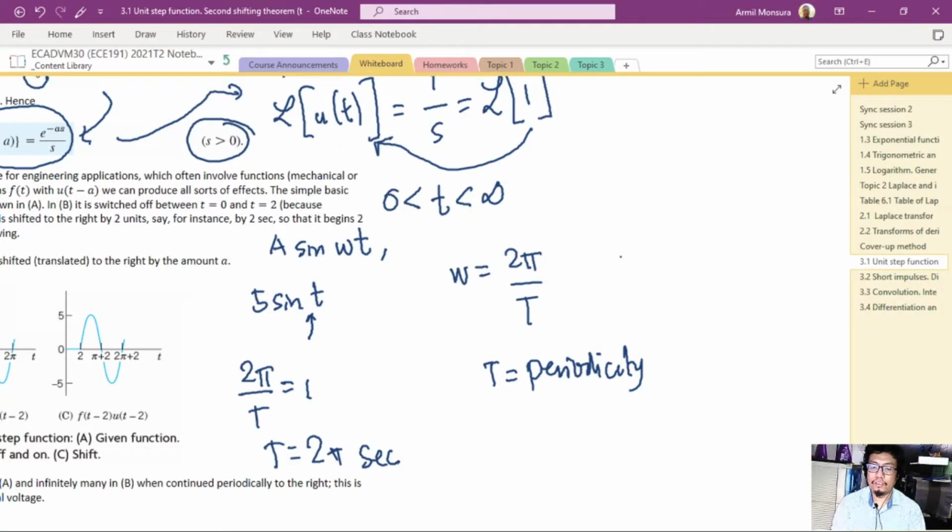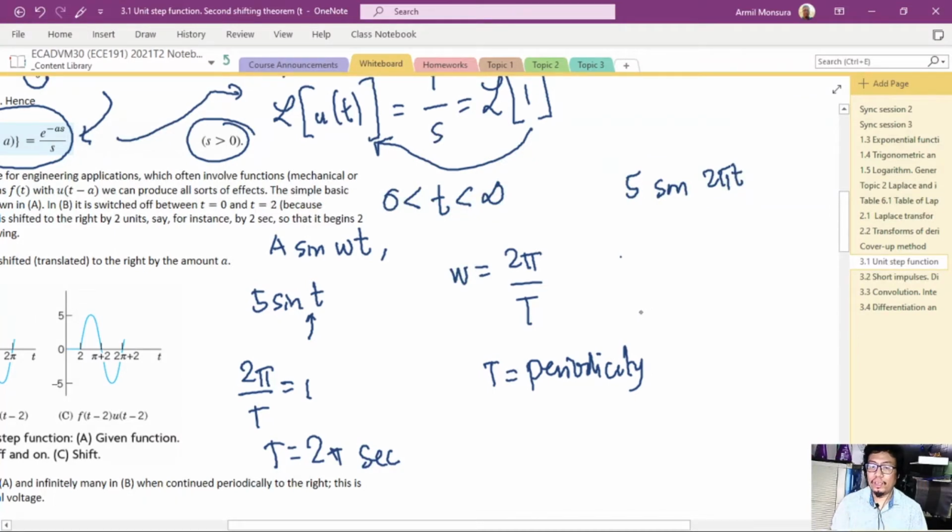So, to make our periodicity a nicer value, let's put in some value there. Let's try to put in, instead of 5 sine of t, 5 sine of 2 pi t.